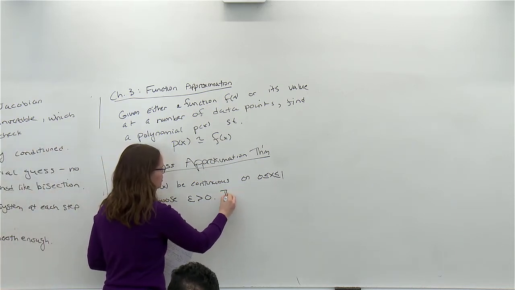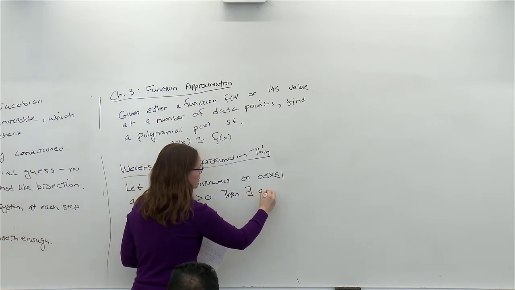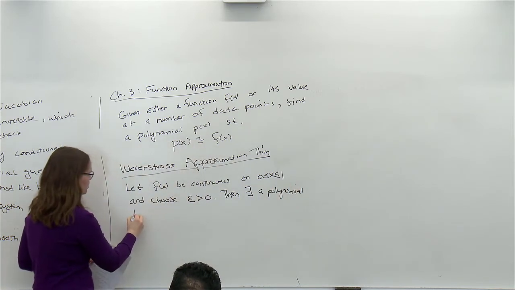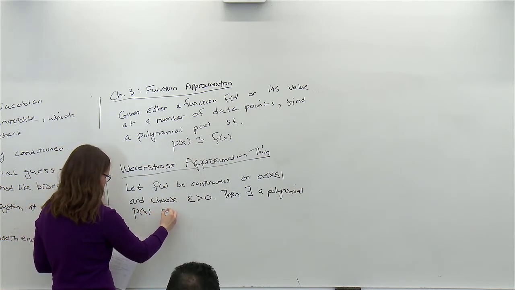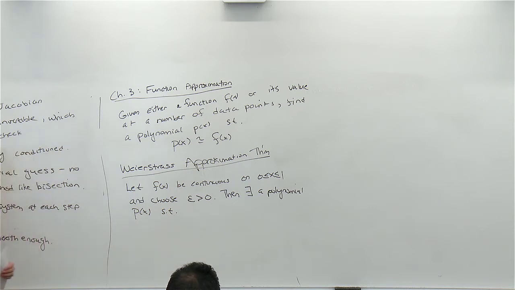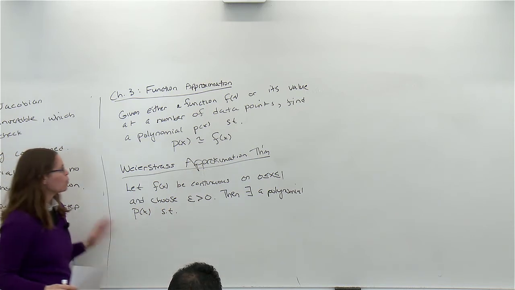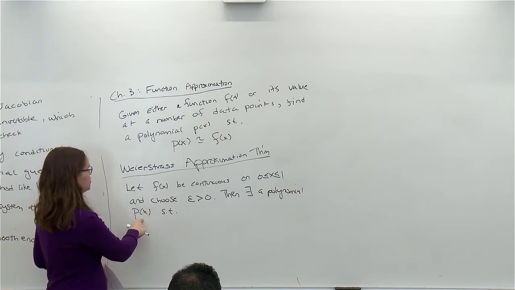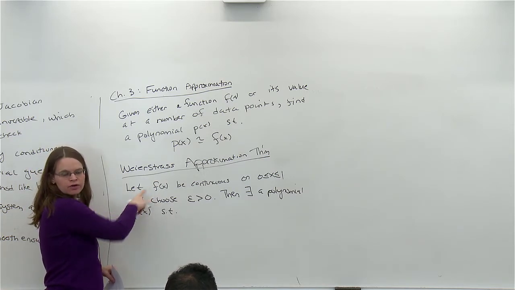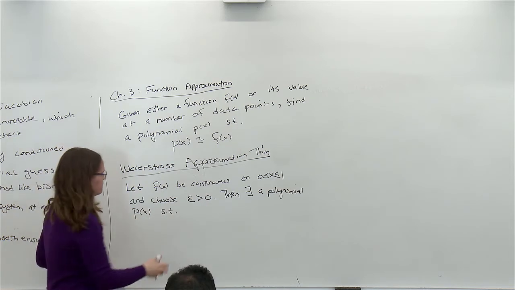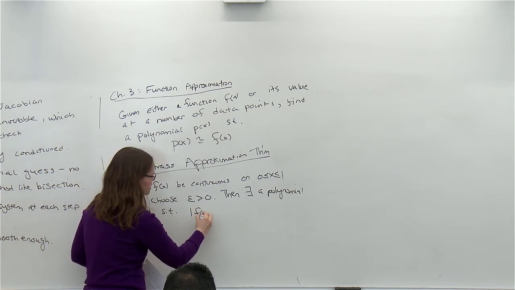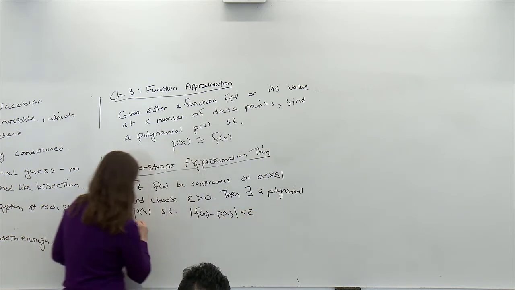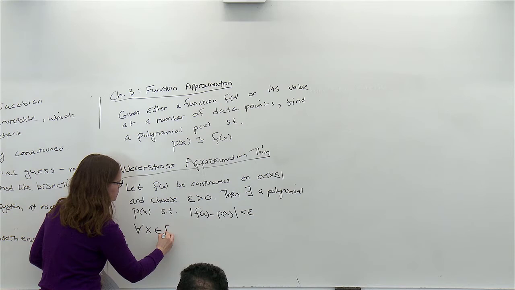Then this theorem says that there exists a polynomial, p of x, such that wherever on this domain between 0 and 1 we choose to look, this function and this function never differ by more than epsilon. So such that the absolute value of f of x minus p of x is always less than epsilon, for all x between 0 and 1.